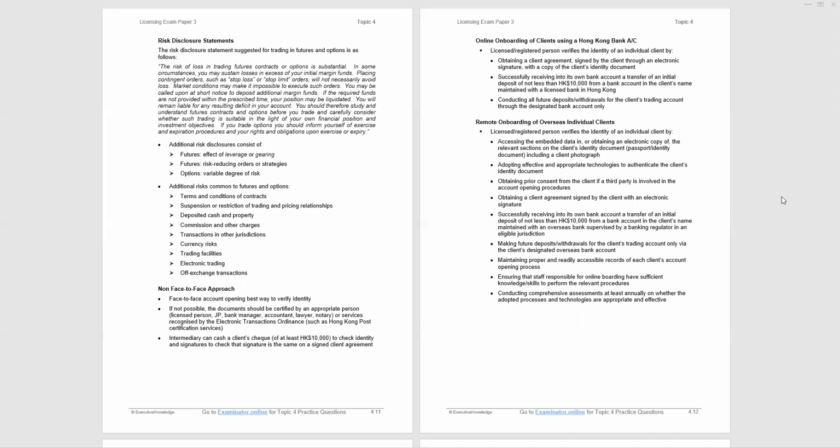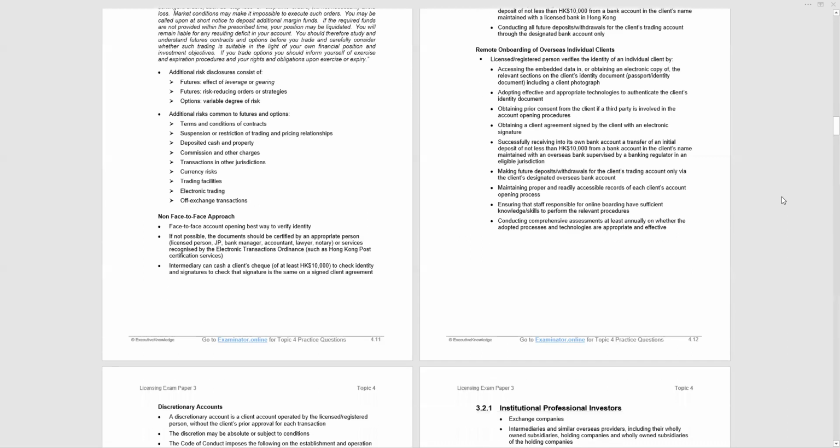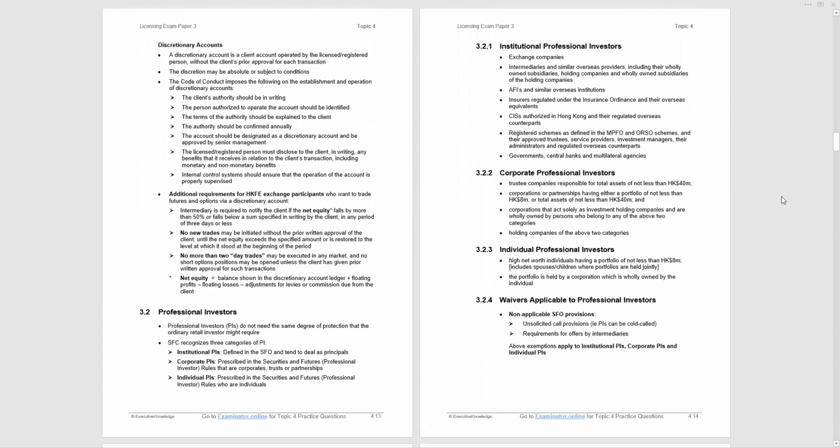Now, recently they've added more material with regard to non-face-to-face approach, with regard to top of page 4.12, online onboarding of clients using a Hong Kong bank account and remote onboarding of overseas individual clients. A lot of detail there, not regularly examined by any means. I would read through it, but I'm not going to highlight any specific points there.